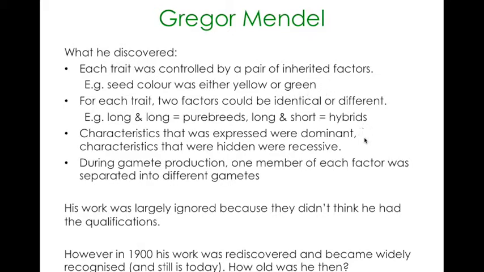And so the yellow was dominant, and the green was recessive, right? And during gamete production, one member of each factor was separated into different gametes. So he had the first understanding of parent genetics being different from offspring genetics or gametes.